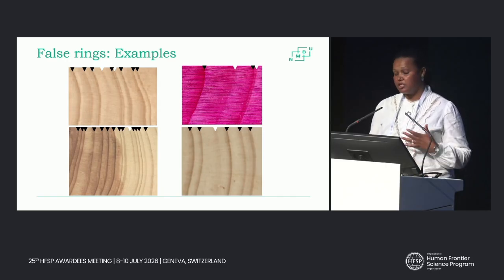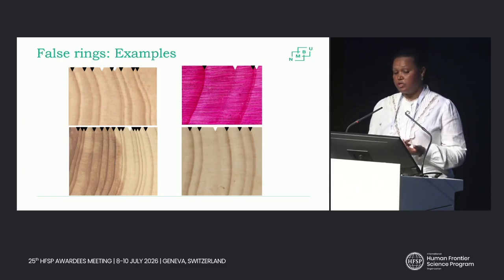But in this project, our ambition is not only to develop a method to identify and characterize the tree rings, but also the false rings, because false rings are usually considered as noise, but they can provide us with important information, especially in climate change research. These false rings occur when trees respond to short rainy seasons, particularly short rains or precipitation.